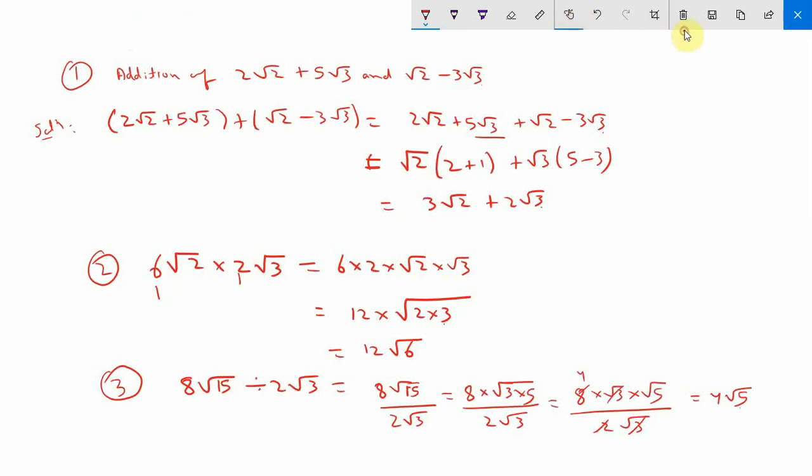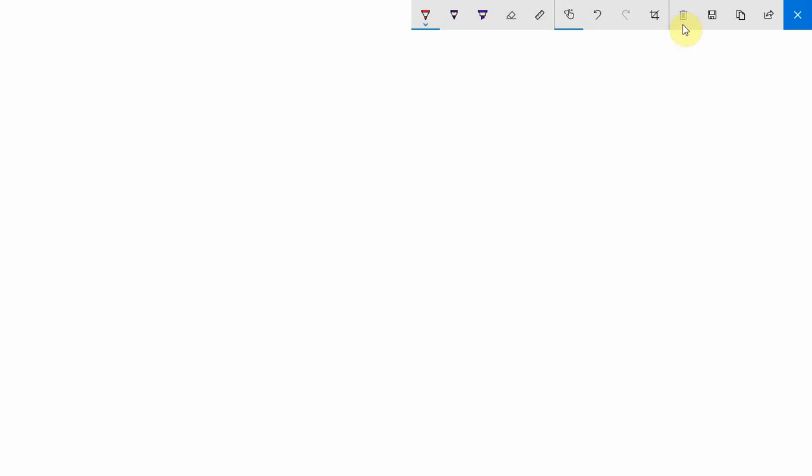Okay friends. So as we have seen in the problems, and while we discussed, we came to certain facts. You can note down this. Sum or difference of a rational number and an irrational number is irrational.